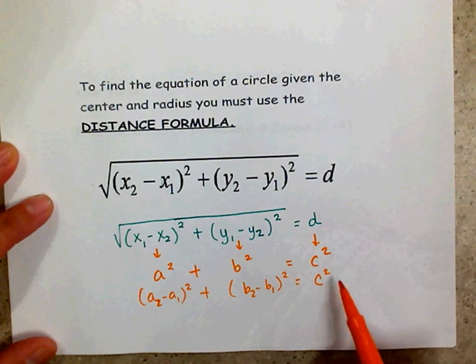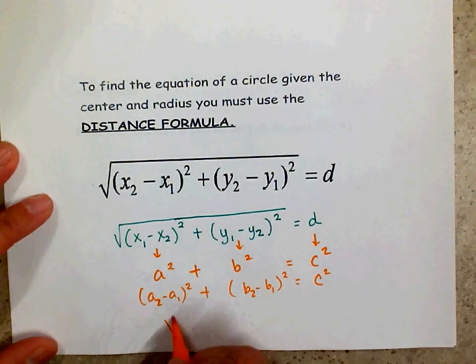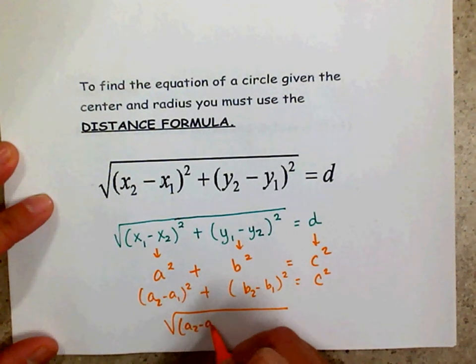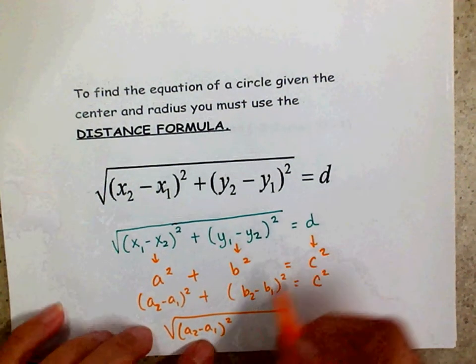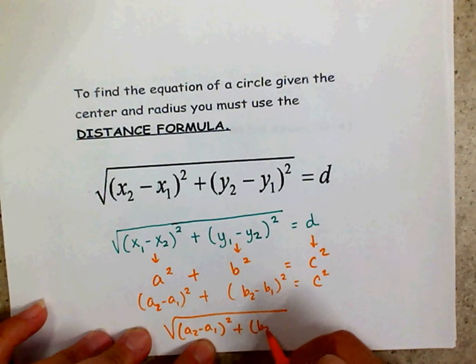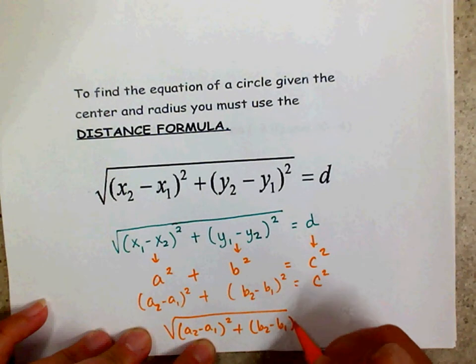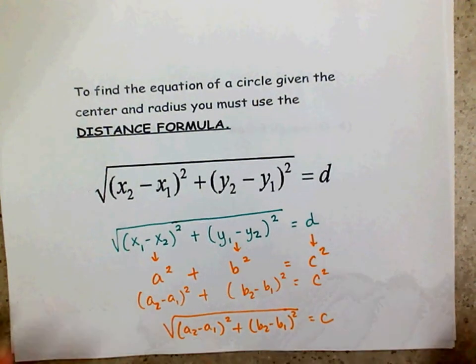To solve for c, all you do is take a square root, and that's how you came up with that formula as well. Instead of using a and b, they use x and y because that's how we usually graph. So this is where it comes from.